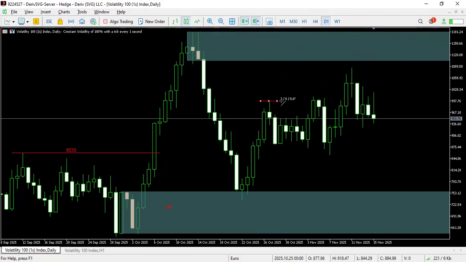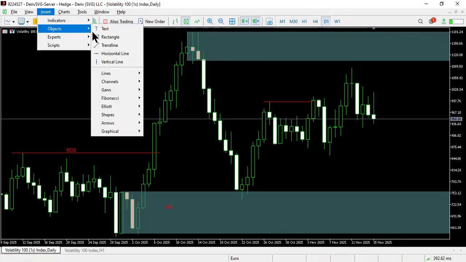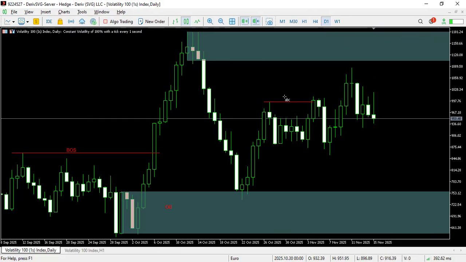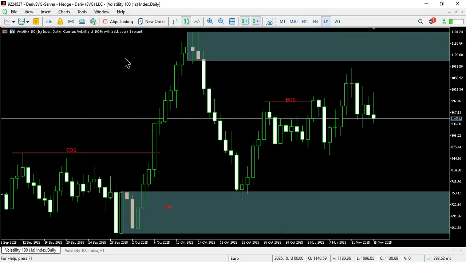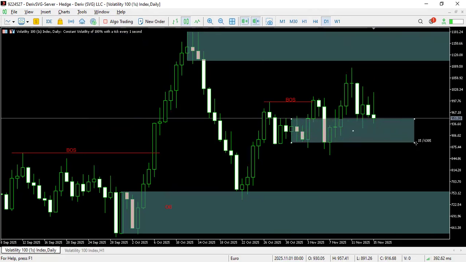I can see a break of structure, and then the order block which caused that break of structure is that one where price is currently reacting.